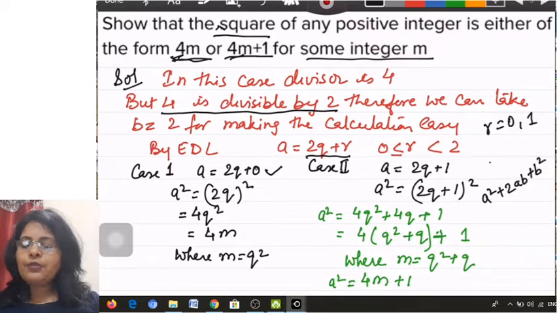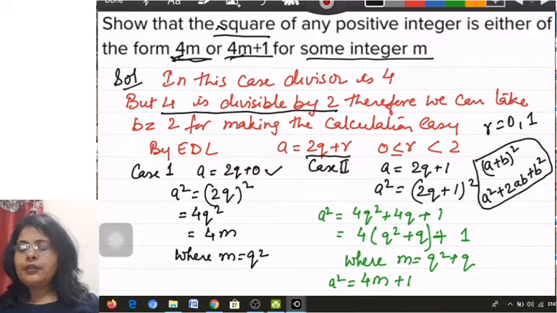I hope everyone knows this identity. We are going to apply the same identity over here. 2q whole square will become 4q square, 1 square will become 1, and 2ab will become 2 into 2q into 1. This will become 4q.